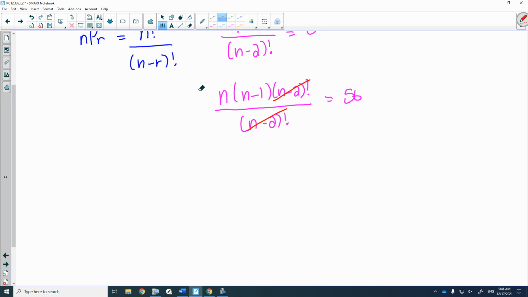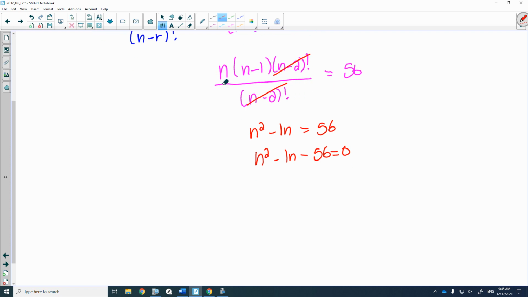Let's expand. Bring everything to the left. And we are going to factor. So the two numbers that multiply to negative 56 and that sum to negative 1 are going to be negative 8 and 7.